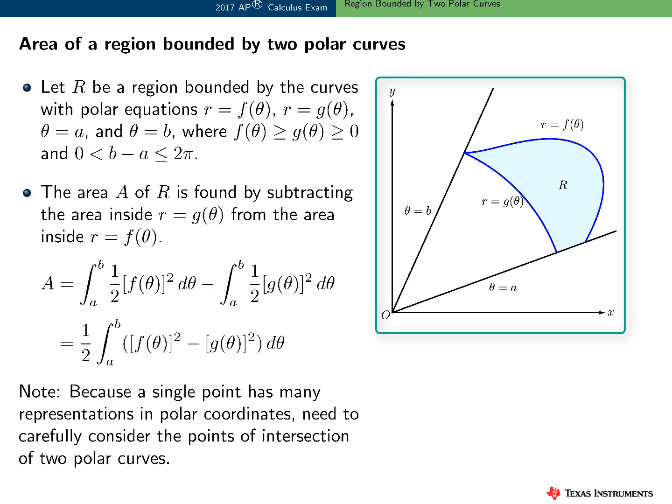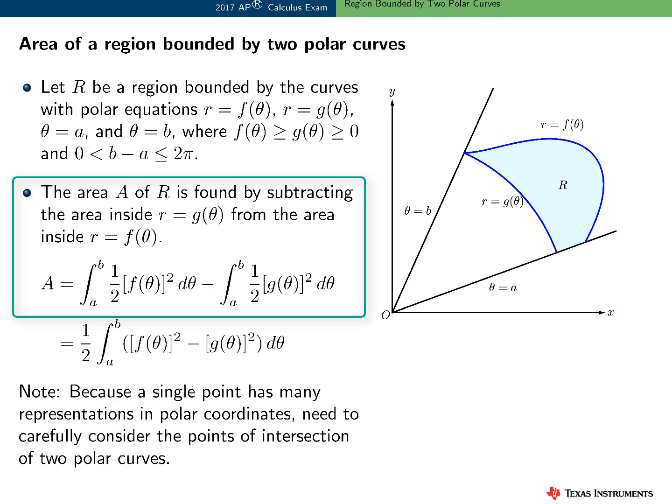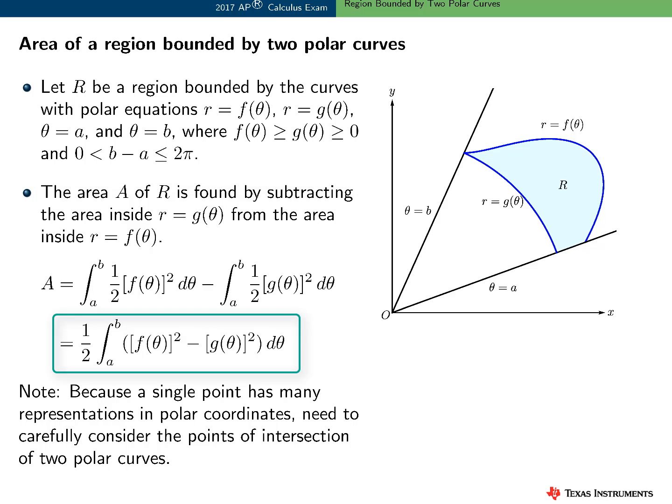The region R is shown in this figure. Well, we can find the area of the region R by simply subtracting the area inside r equals g of theta from the area inside r equals f of theta. So the area of the region R is given by this definite integral.